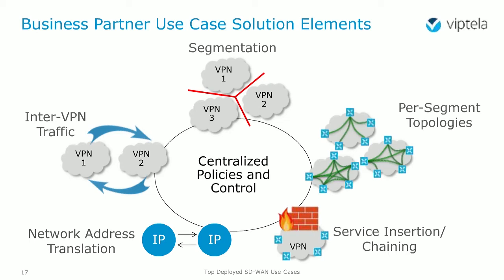And there's the ability to send traffic between multiple VPNs, inter-VPN traffic, to make sure that you have connectivity from the partner VPN into your corporate VPN, yet it's subjected to the firewall. The policy gets enforced in the firewall through the service insertion and service chaining.